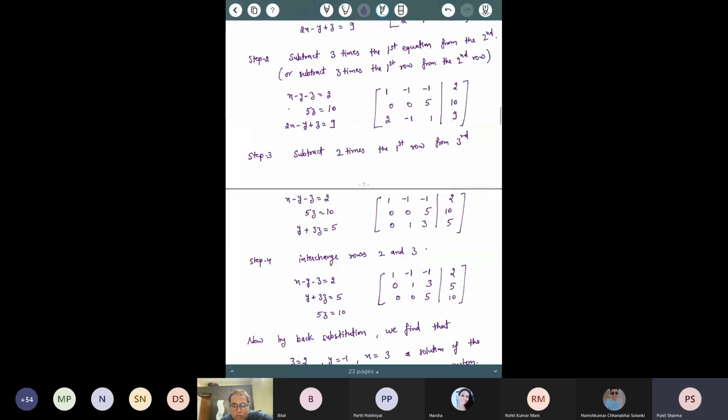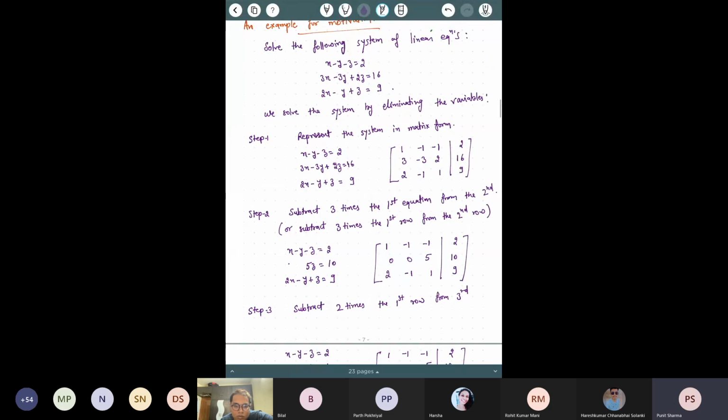For example, here I multiplied the first equation by 3, and then I subtracted this equation from the second one. So I wrote the second equation as a combination of first and second.